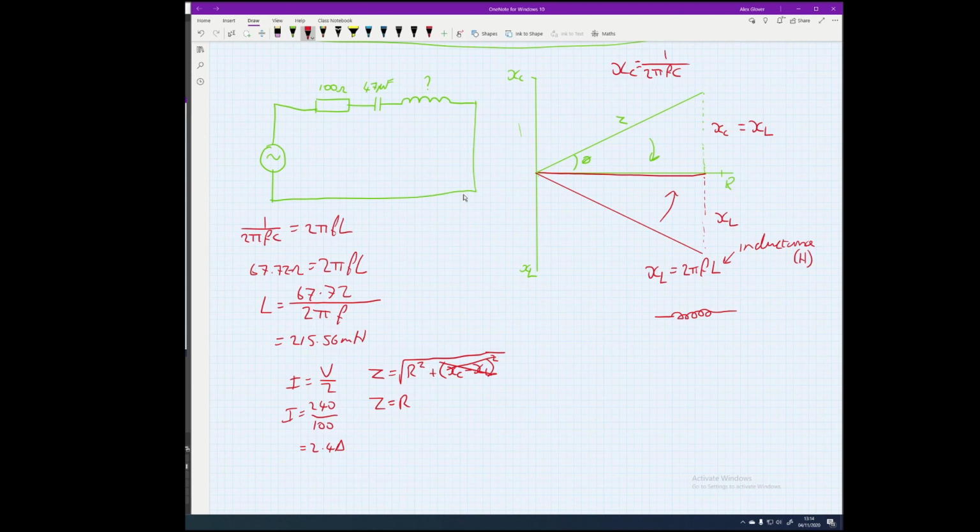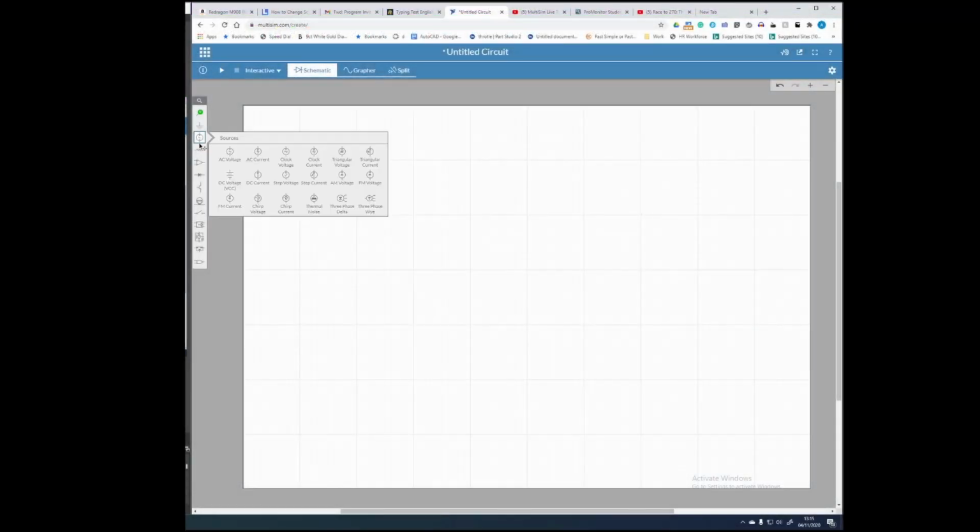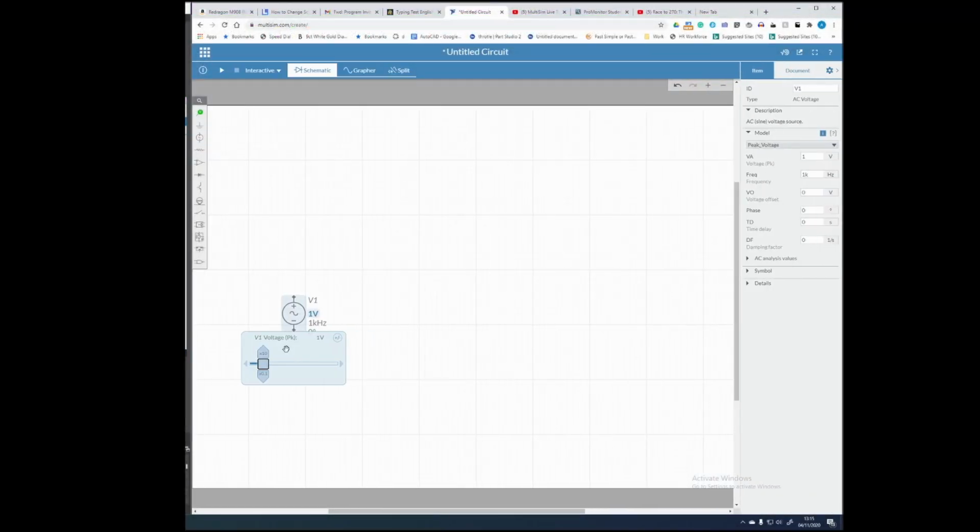Let's have a go at simulating this. So, in a simulation again, let's draw the circuit again. This was 240 volts, and it was 50 hertz.